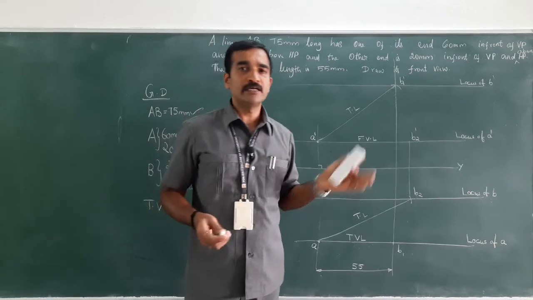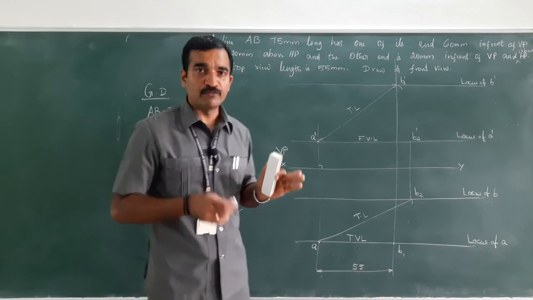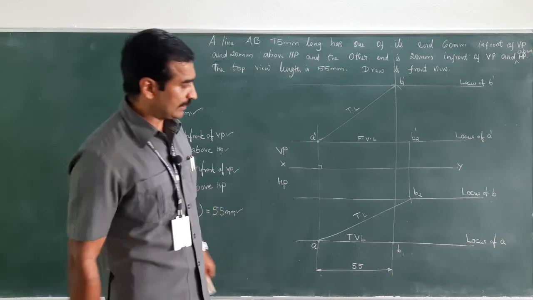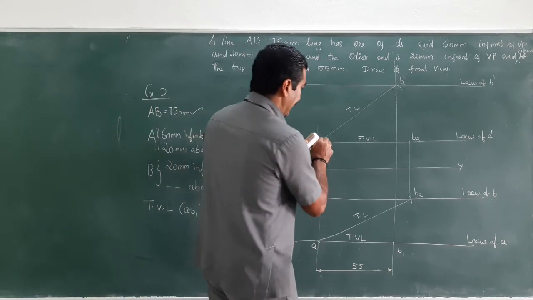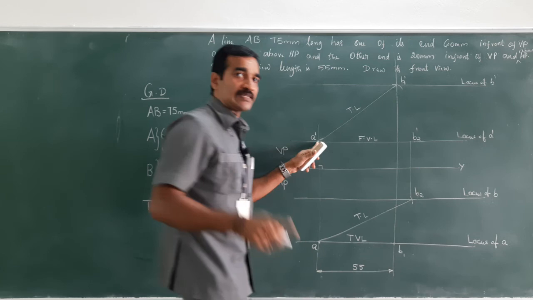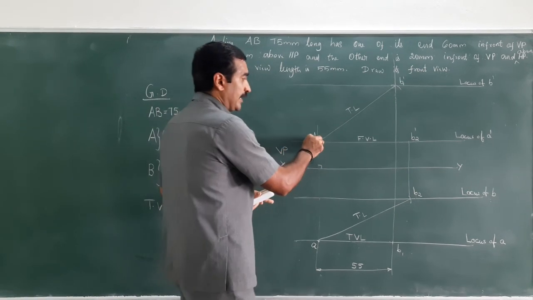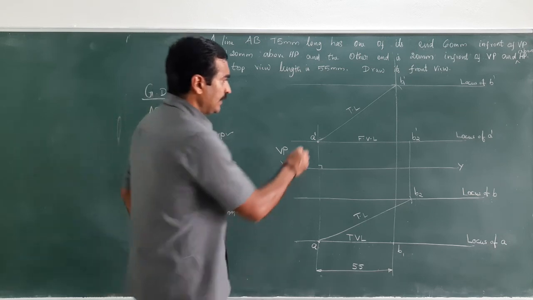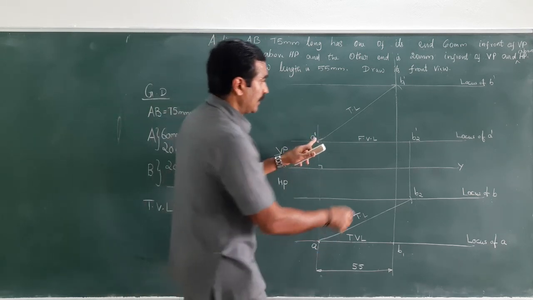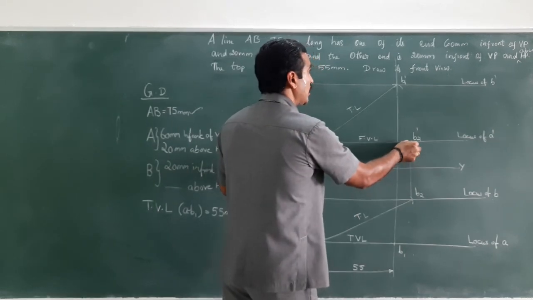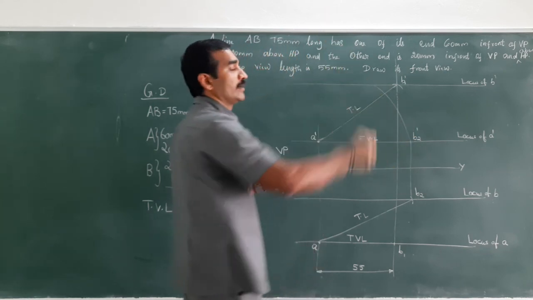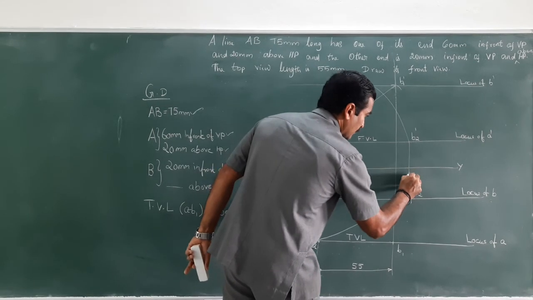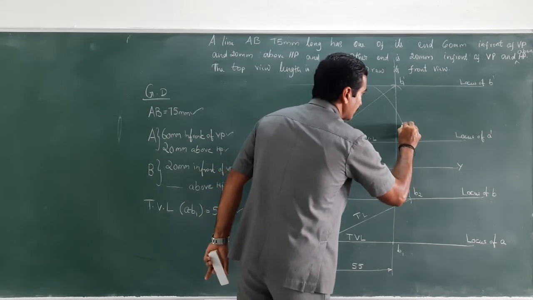Now, what is the method we are adopting here for projection of straight lines? That is the rotating line method, isn't it? So now, take the distance between A dash and B2 dash in your compass, and with A dash as center, cut an arc towards the locus of B dash. So the flow is like this.